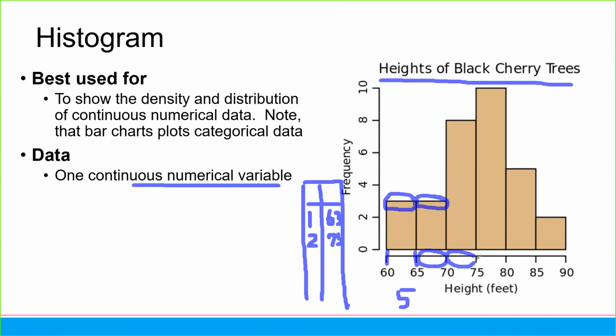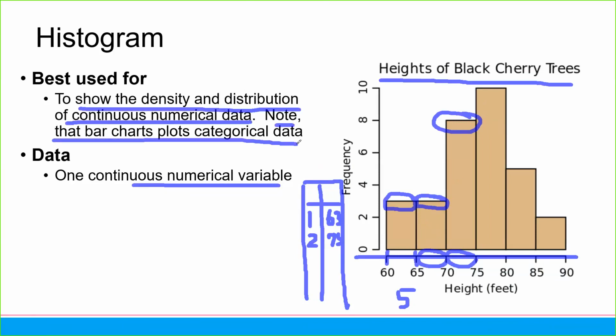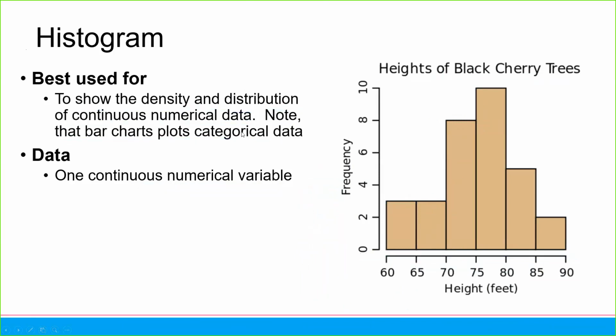Between 70 under 75, we have 8, and so on. So this is the frequency from the numerical data. It is to show the density and the distribution of continuous numerical data. Note that the bar chart plots categorical data. Okay, that's the basic one.